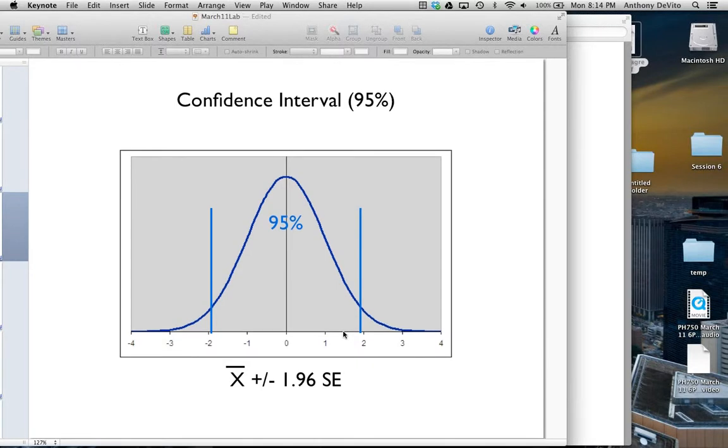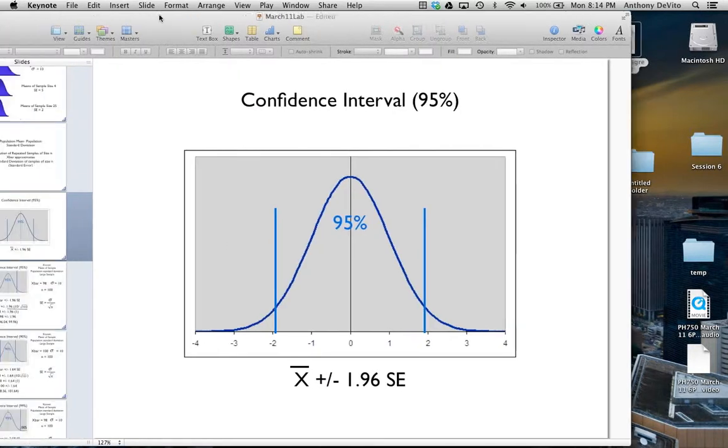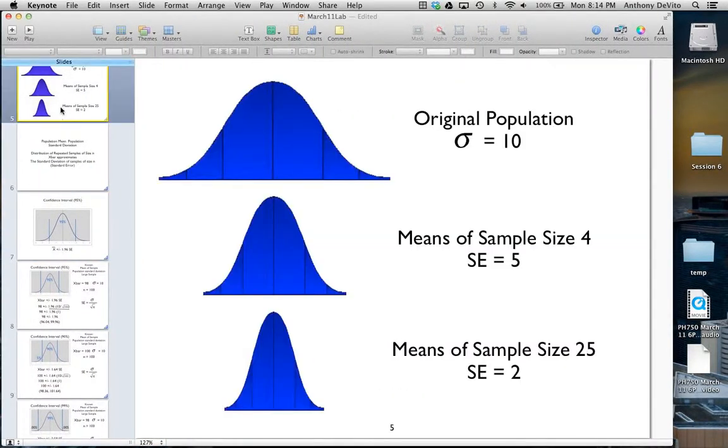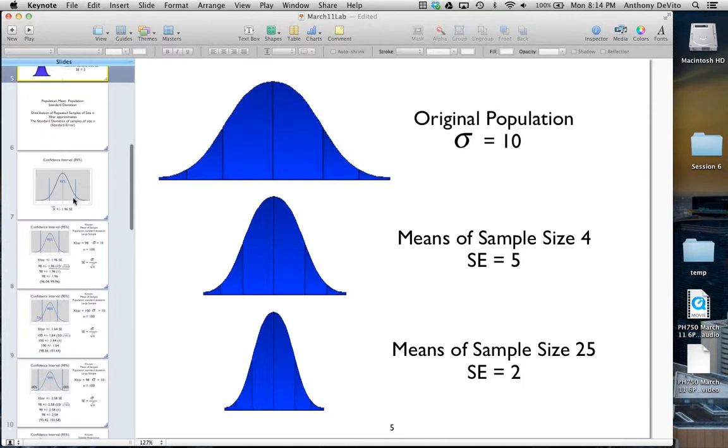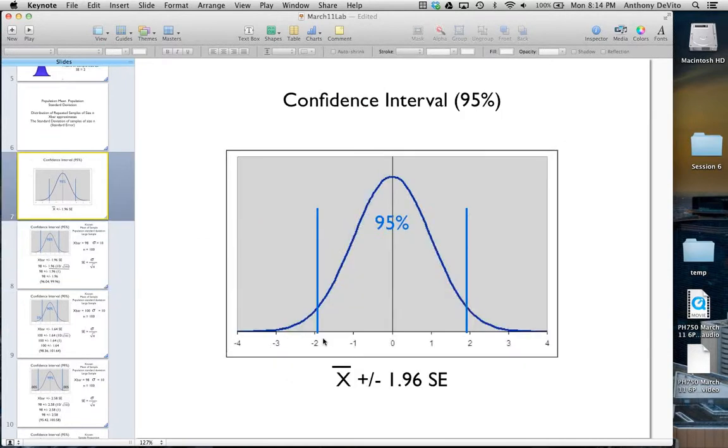Okay, so last week we talked about the confidence interval, and we determined that, based on what we know about these distributions and the way the sample means are distributed when we repeatedly sample, we would expect that 95% of the time we will capture the population mean if we take a sample and give it this range in addition to the mean.